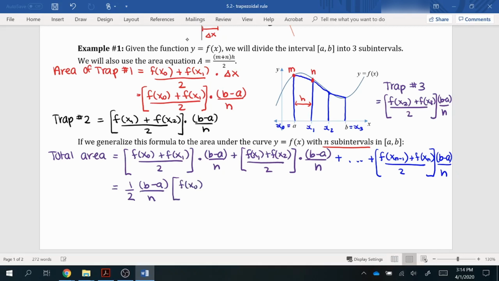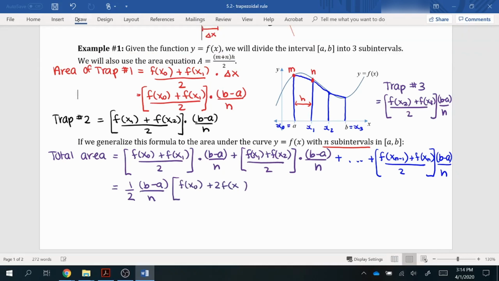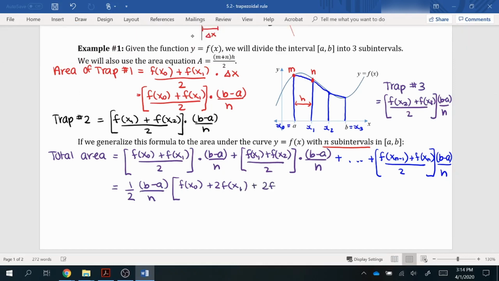It leaves us with 2 f of x1's, 2 f of x2's, all the way up to 2 f of x n minus 1's, and only 1 f of xn.